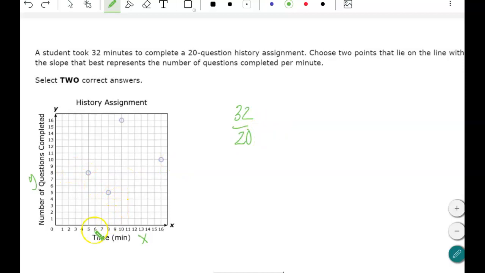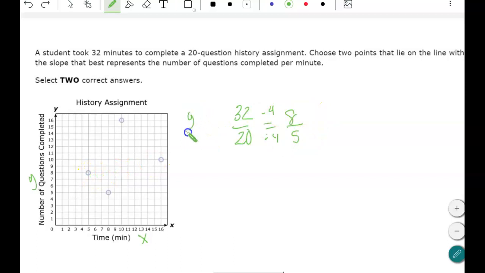So we've got some choices here with 5, 8. So you could simplify this if we divide both of these by 4, 8 over 5.